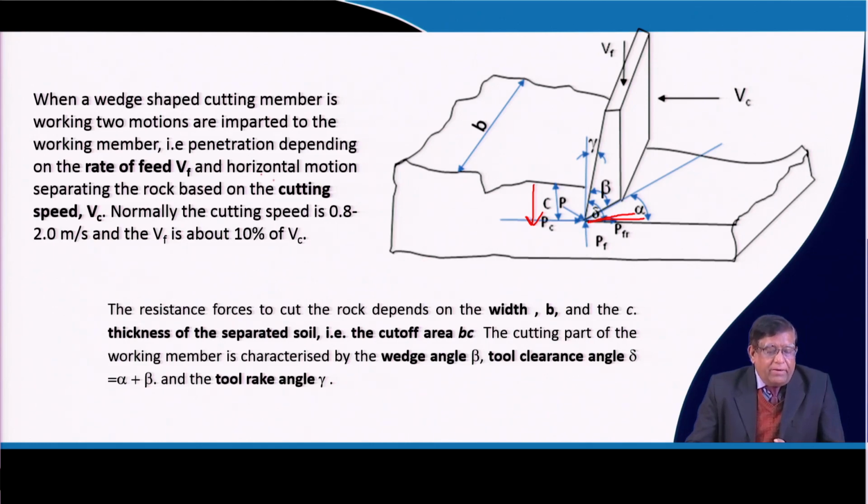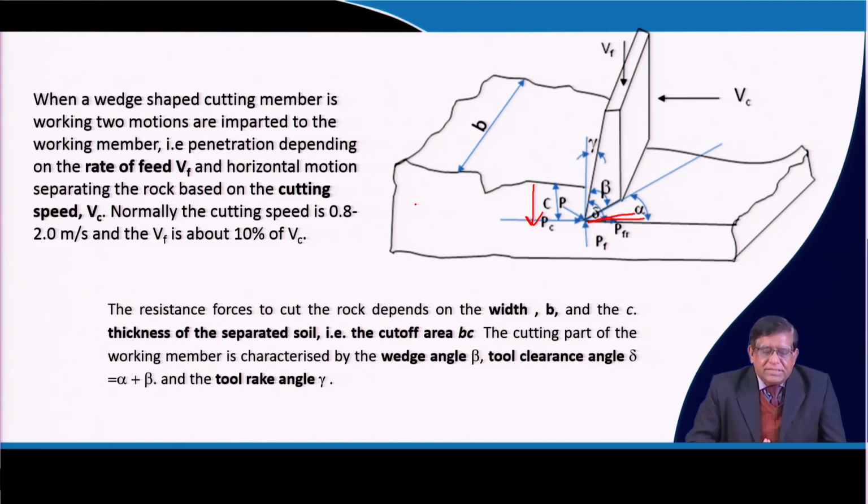So, when a wedge shaped cutting member is working, two motions are imparted to the working member. One is the penetration, depending on the rate of feed which you are giving downwards, that is called the feeding or feed force, and the other is the horizontal motion, which gives the cutting speed, at what speed the machine is cutting.